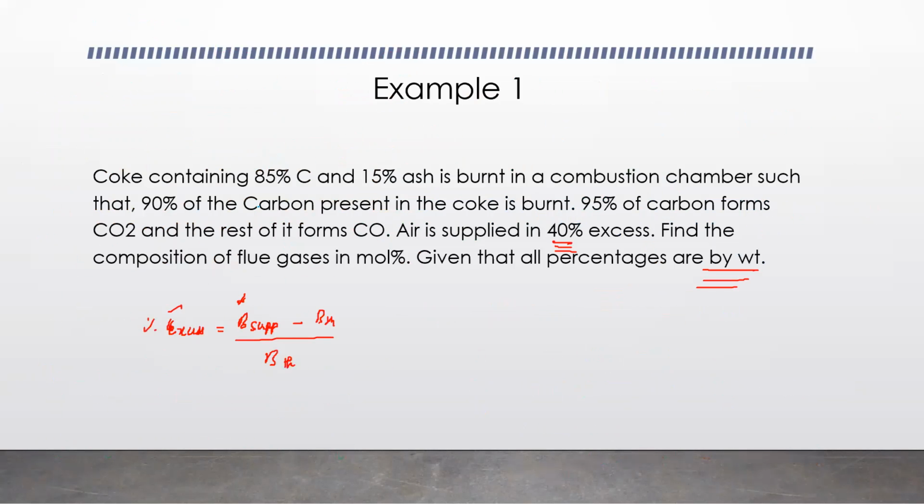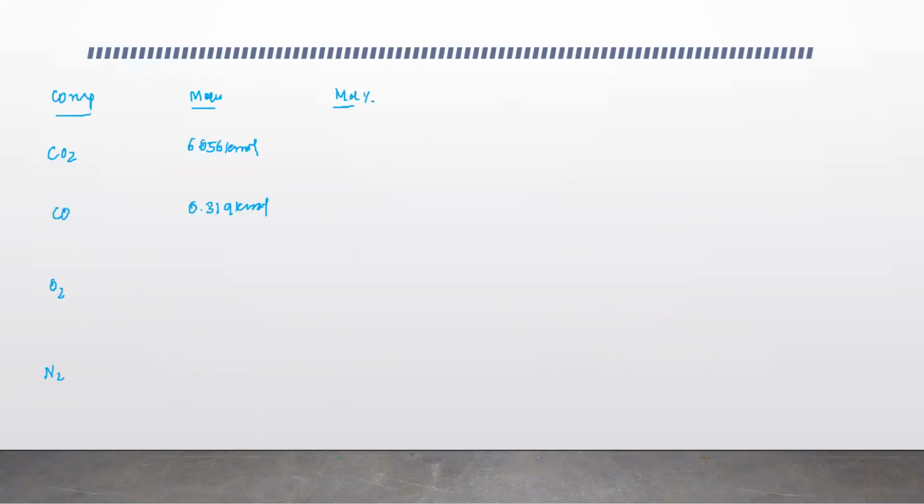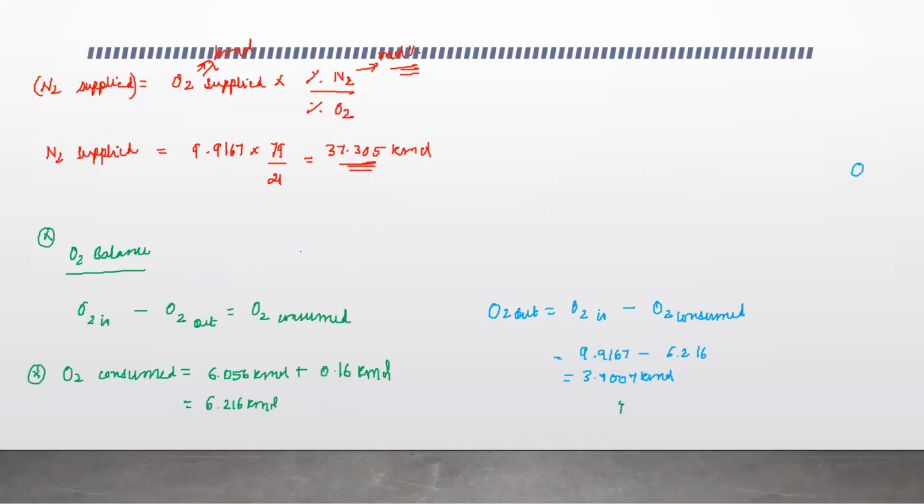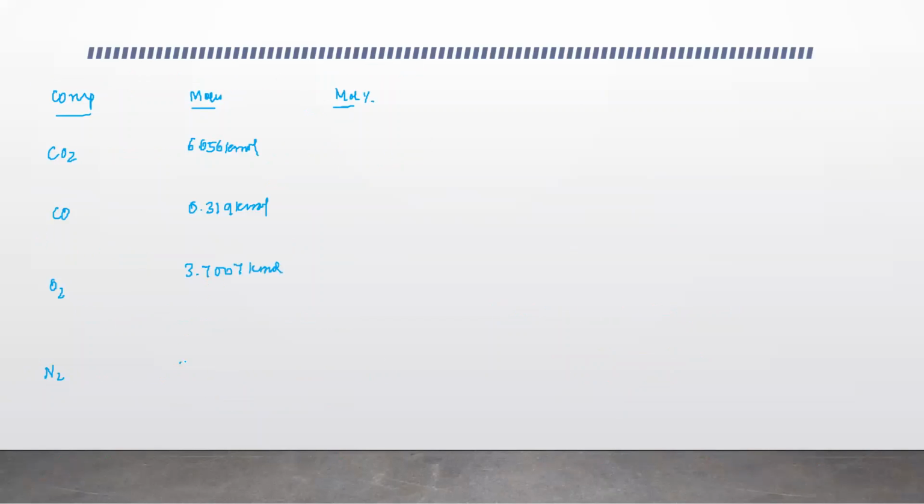Then oxygen, it was 3.7007 kilomole. And nitrogen was 37.305 kilomole. So when we add all of them, we get the total number of moles as 47.3807. These are the total number of moles.